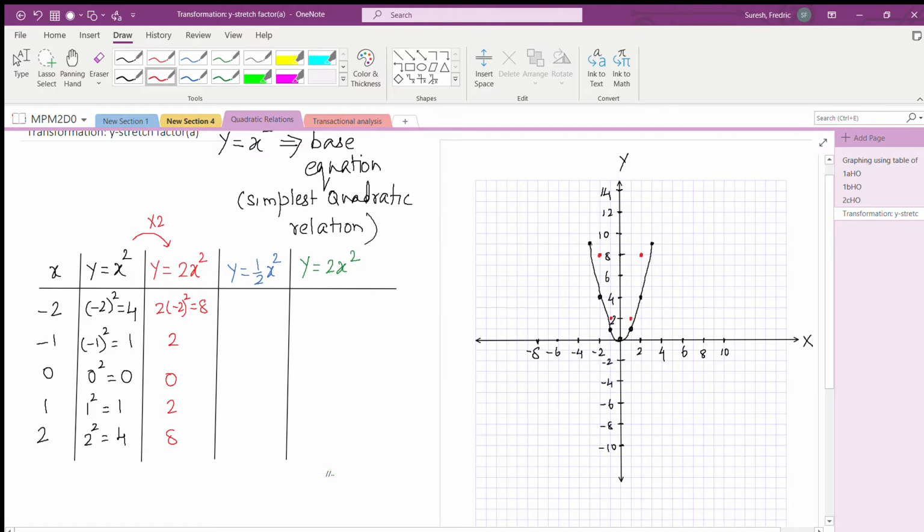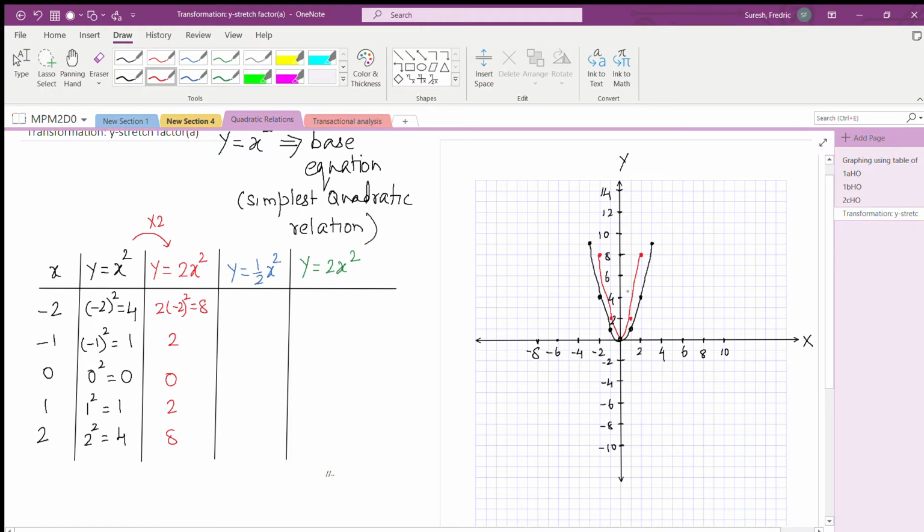I cannot do the third point here, that is the 9 and 9, because 9 times 2 is 18. It goes outside the graph, so I'm not able to get that. But this is what happens. You notice here, when I join these points, I get a parabola that is skinnier than before.